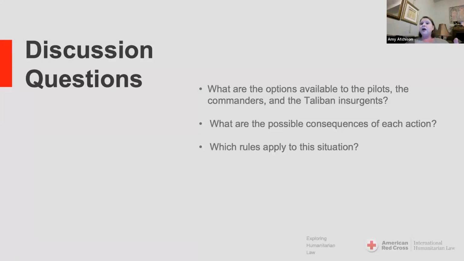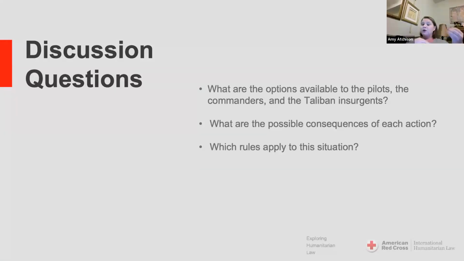So for example, if somebody had suggested, well, one of the options is for the fighter pilots to continue with their attack, right? So one of those groups could take that one and say, well, which rules apply? Well, we want to protect civilian life. We don't want to hurt this child, but is he acceptable collateral damage for military necessity?